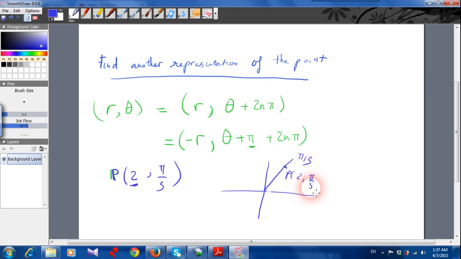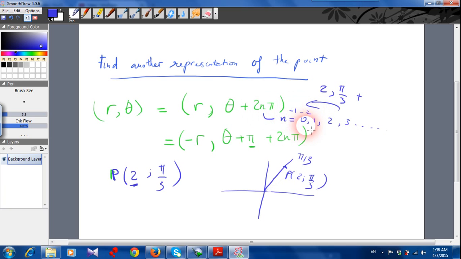We need to find another representation of the point, and we use this formula, so it can be 2, and theta is pi over 3 plus 2 pi n, where n is 0, 1, 2, 3, and so on, or minus 1, minus 2, things like that.